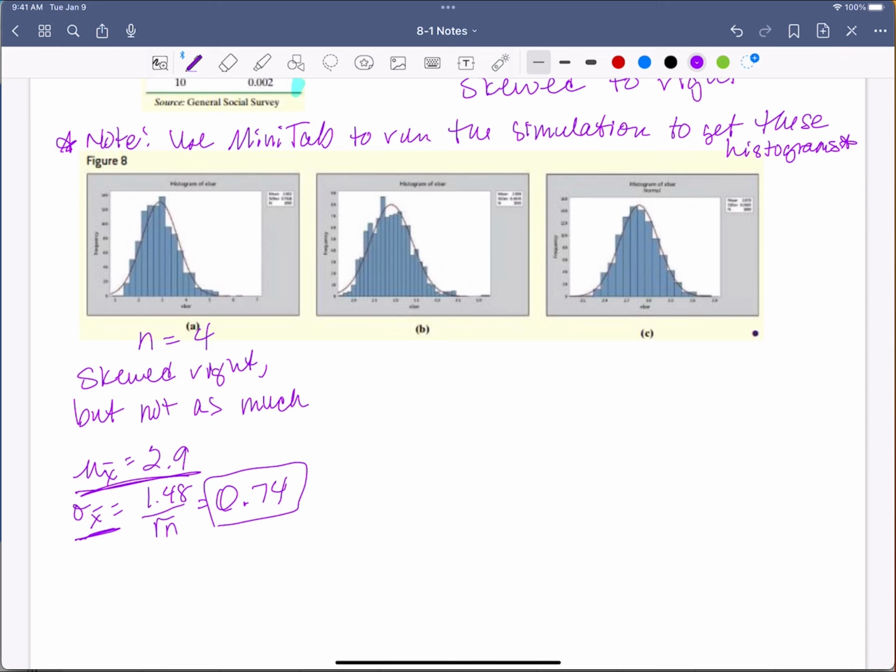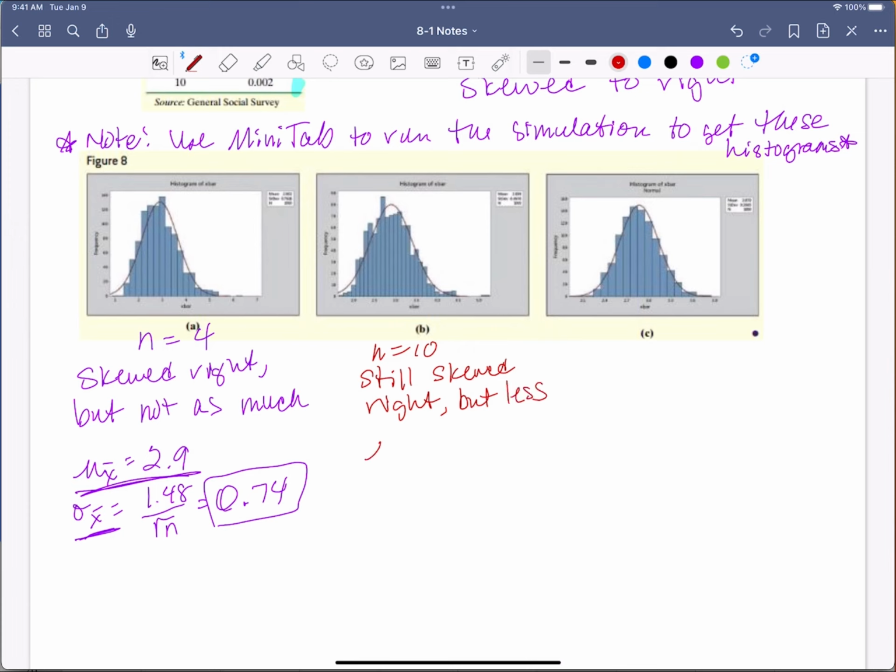Now take a look at what happens whenever n is equal to 10. Still skewed right, but look at what's happening. It's creeping more and more to the middle, isn't it? Still skewed right, but less.